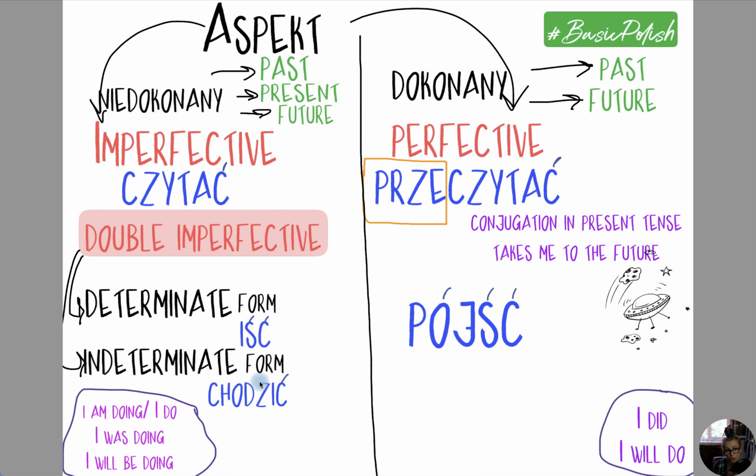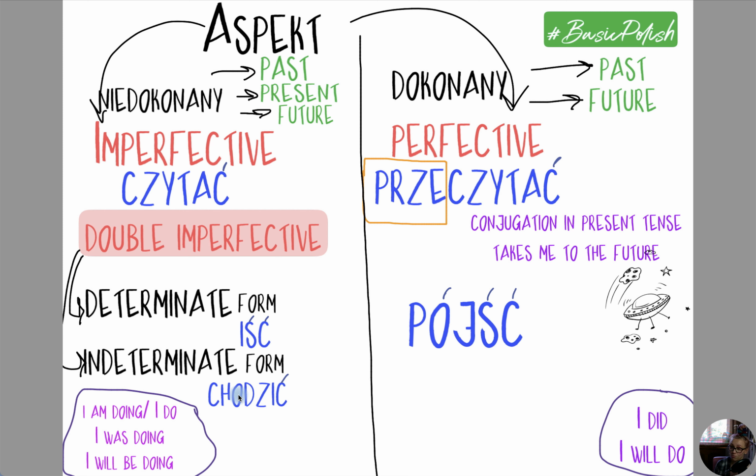That will be your only option when it comes to the indeterminate form. So again, with the determinate form, you're saying that you are going somewhere, right? And as these verbs have perfective partners, you are able to say that you will go somewhere and you went somewhere.